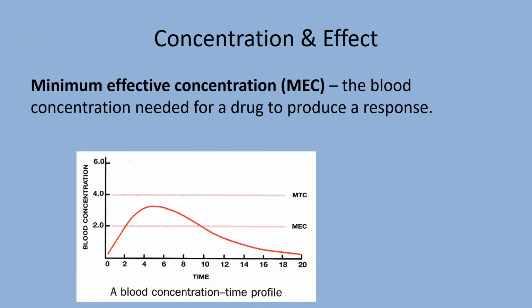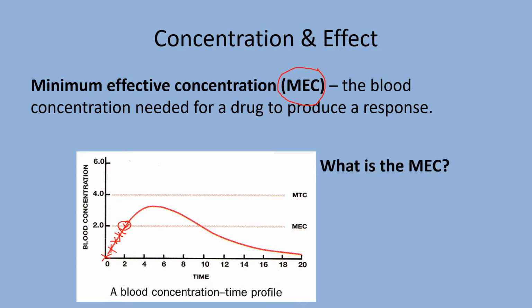All right, so different parts of the profile. Minimum effective concentration: this is the minimum level where a response will occur. So as soon as you take the drug at time 0, is the drug working here? No, right? So what concentration does the blood need to reach in order for a response to happen? 2, right?